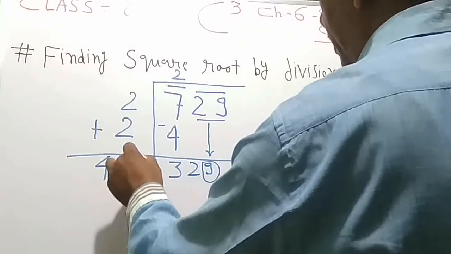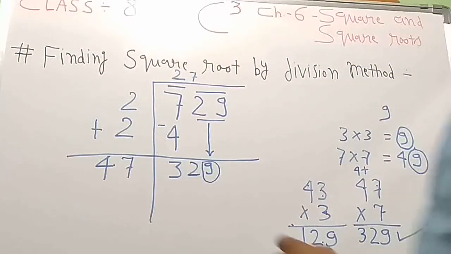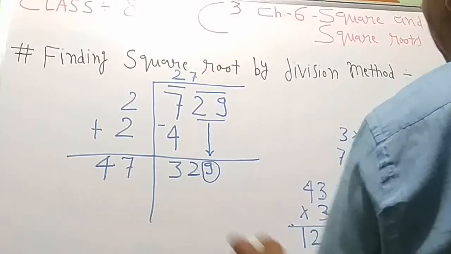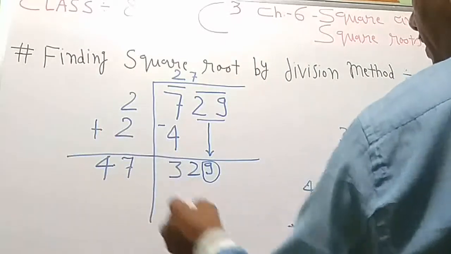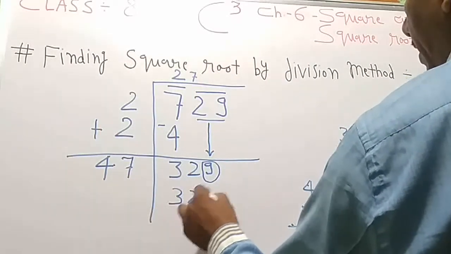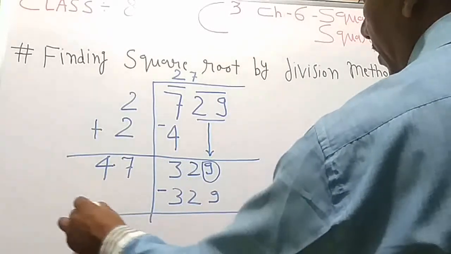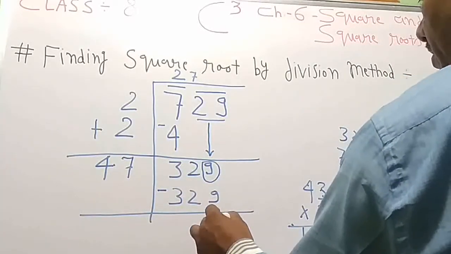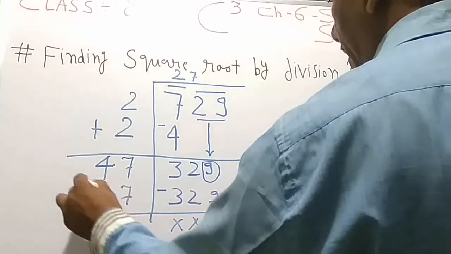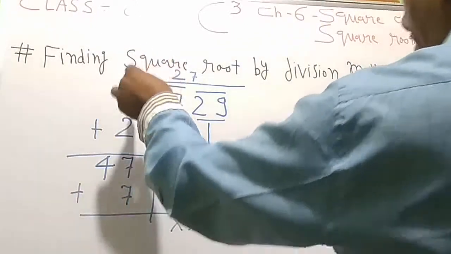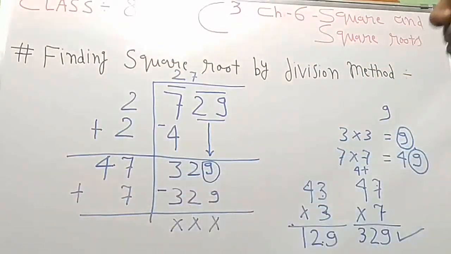We write 7 here and again we write 7 here. Now 7 multiplied with 47 gives 329. 329 minus 329 gives 0, and here we add 7, as we added the 2 before, because we are using 7 here.